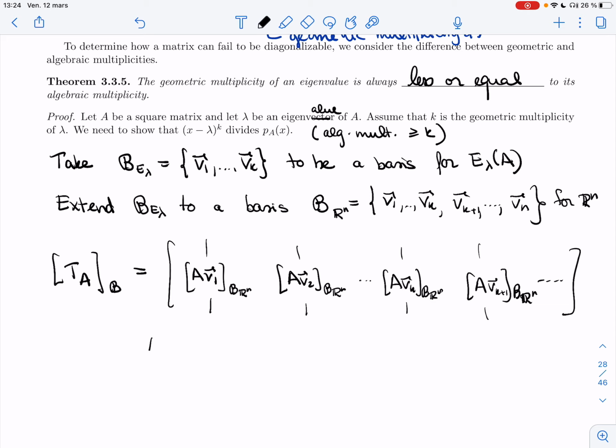Let's look at what Av1 is. v1 is part of a basis for E lambda of A, which means v1 is an eigenvector, so I get lambda v1. And so the vector that I need in my first column uses one of these and none of those, so I get lambda, 0, 0.